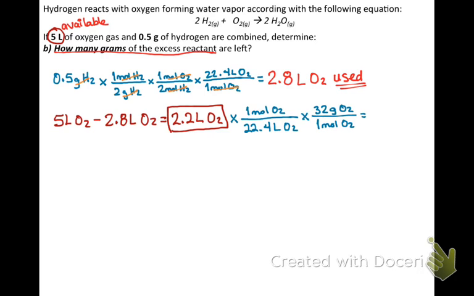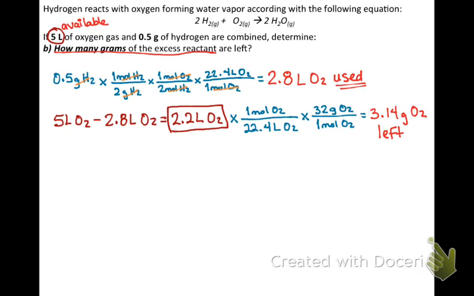This will give you 2.2 times 32 divided by 22.4, which gives 3.14285714. So 3.14 grams of oxygen left.